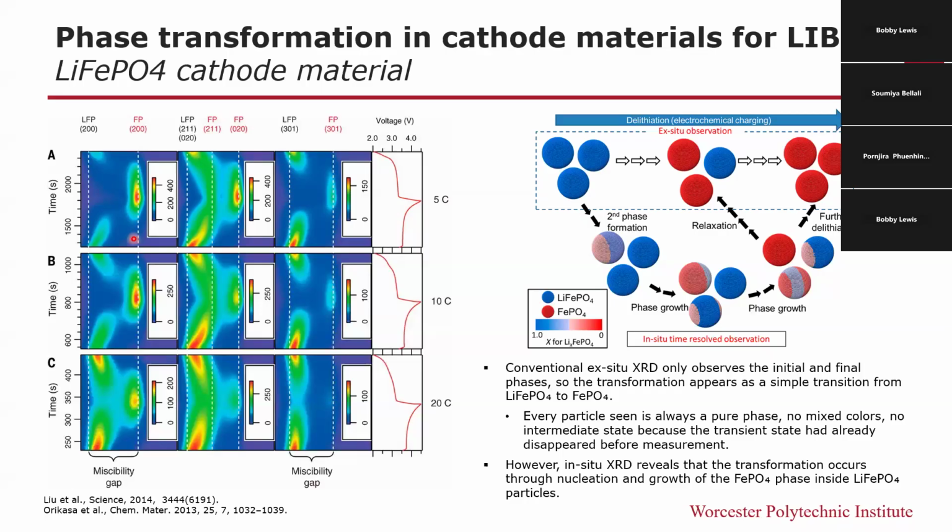However, when the rate increased to 10C and 20C, we start to see the diffraction intensity appear between the two peaks like this. And the most important case is 20C. Here we can see the color become continuous between the LFP and FFP position instead of two separated peaks.